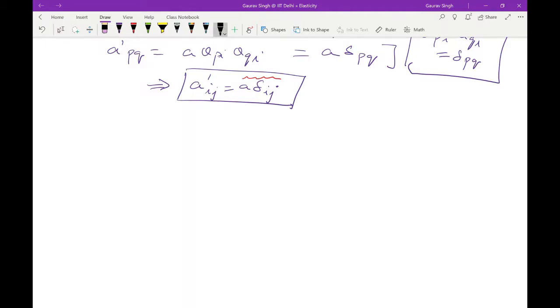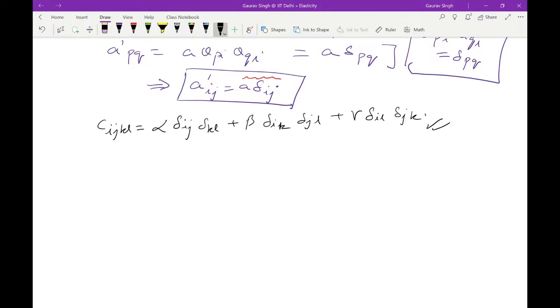That form is given as C_ijkl equal to alpha delta ij delta kl plus beta delta ik delta jl plus gamma delta il delta jk. We have to show that this is the isotropic fourth order tensor. So for isotropy, what will happen? Under any transformation, it will retain its form.